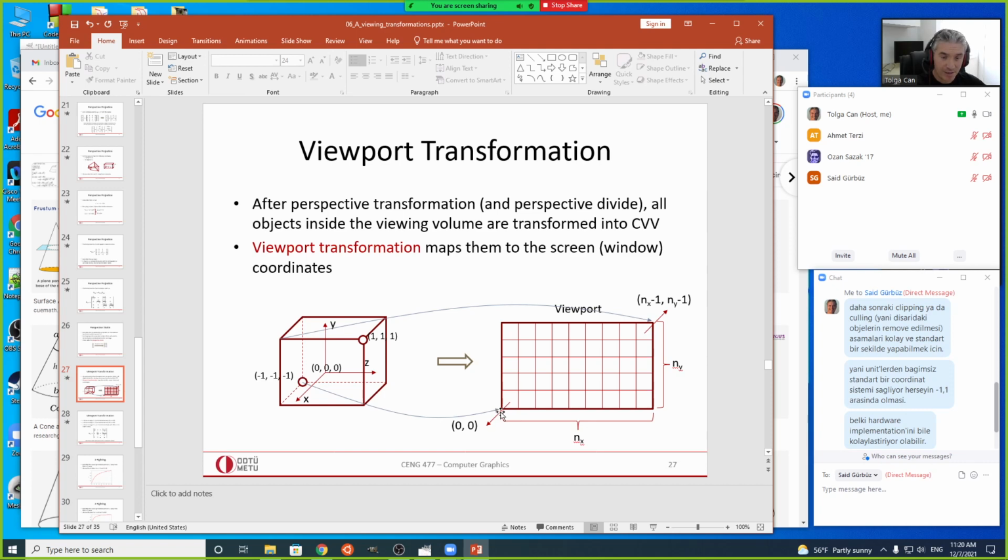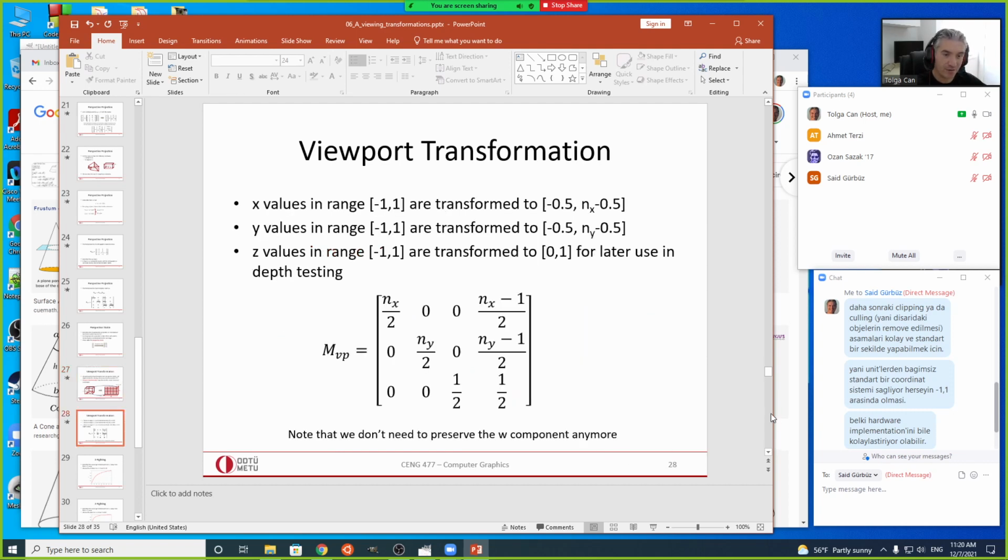Therefore, the coordinate of this corner is -0.5, -0.5. And our units are in such a way that a pixel width is 1 unit, and a pixel height is 1 unit in the y-axis. So 1 pixel has a width of 1 unit after this transformation.